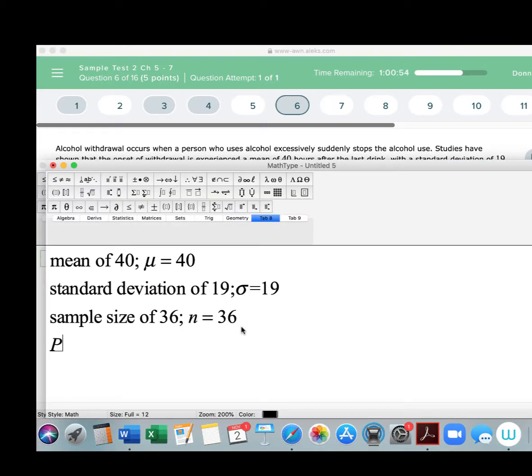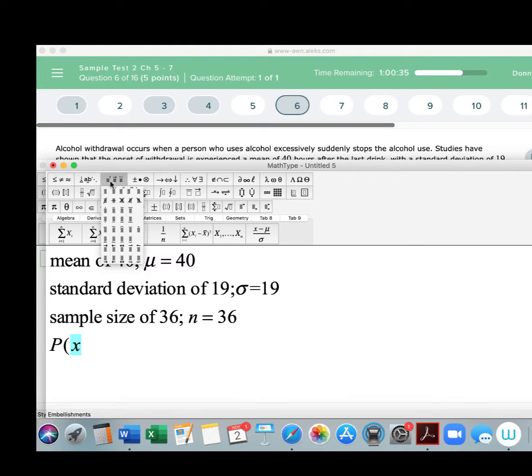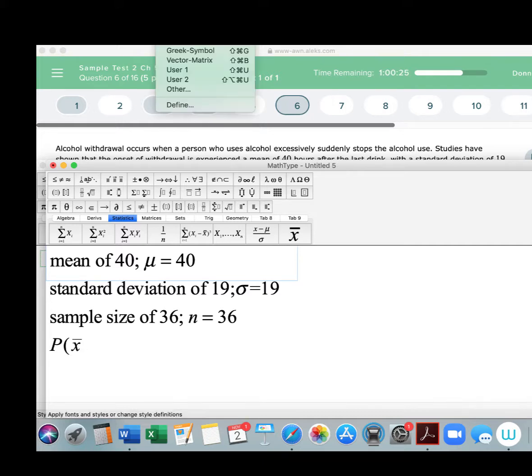So we want to find the probability that the sample mean will be 38.5 hours or more. And the symbol for sample mean, do I have that one on here already? I don't believe I do. So we have x. If it's a sample mean, it's x bar.